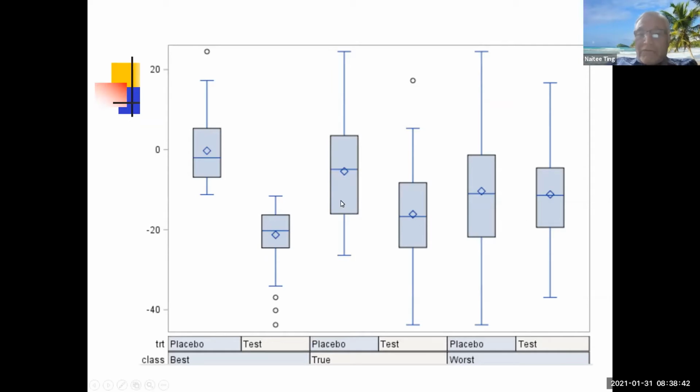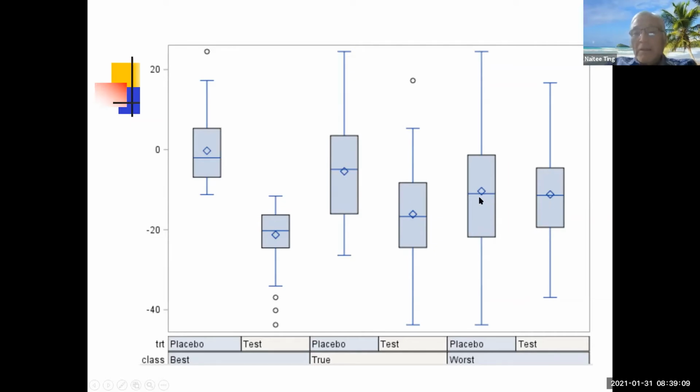But if xt bar and xp bar are very close to each other, so it's the same set of data, I re-randomize, I just randomly allocate to T or to P. I just re-randomize them. So now I got these two groups. Well, I'm sorry, instead of X bar, I should say Y bar, right? YT bar minus YP bar.